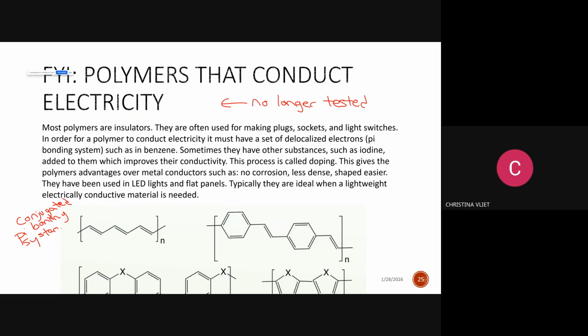And what you would need to have is alternating double bonds on every other carbon. So that fancy wording means alternating double bonds on every other carbon. Why does that make it conduct electricity? So basically, all the pi bonding here.